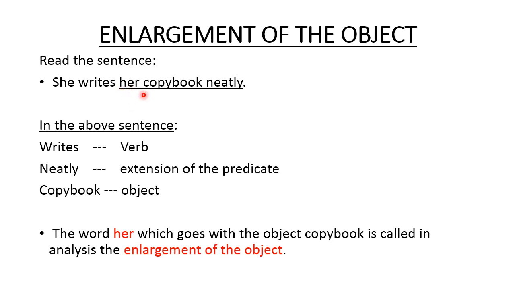So this word her is the enlargement of the object. Clear to everyone? So she writes her copybook neatly. In that, copybook is the object and her, which is accompanying copybook, is the enlargement of the object. Clear? So shall we move to the next slide? Okay. Moving ahead with the next slide.